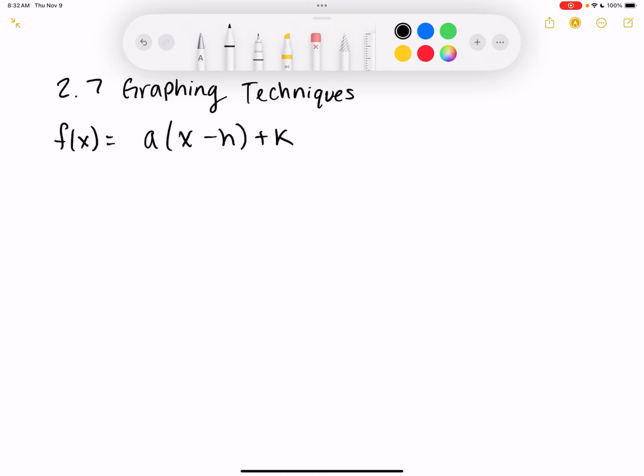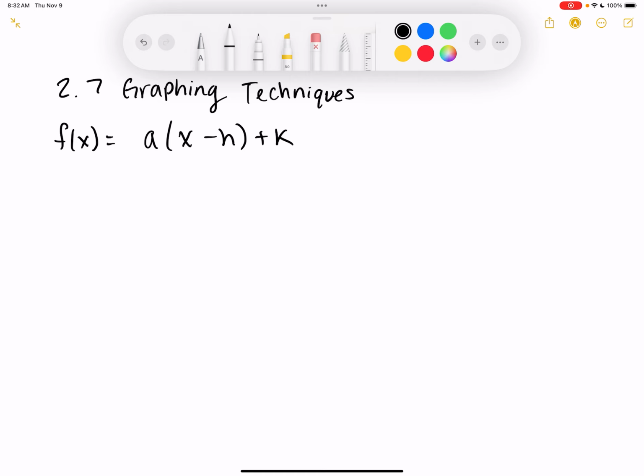And this could be squared, cubed, so on and so forth. It doesn't matter. But the principle of it is whatever is directly touching the x, like itself inside, that is determining if it's going left or right.